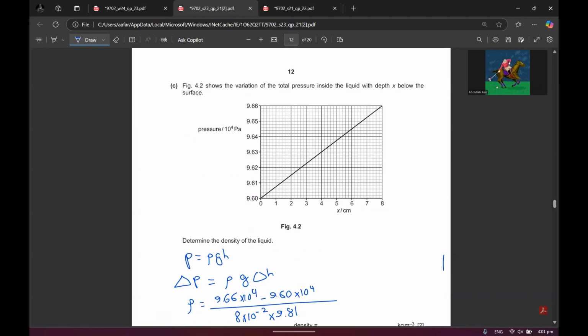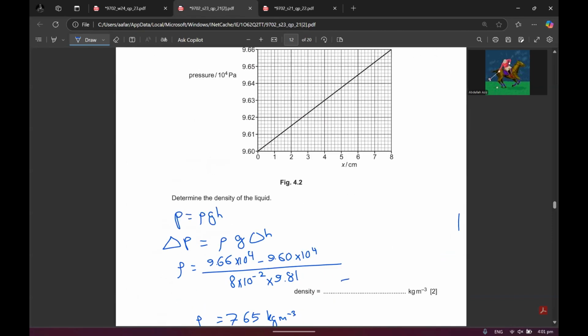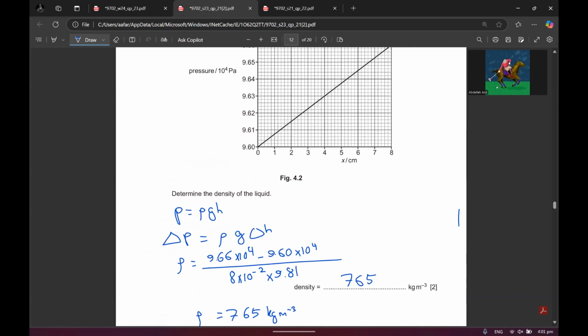But since they are taking three significant figures, we can just take it to three significant figures.